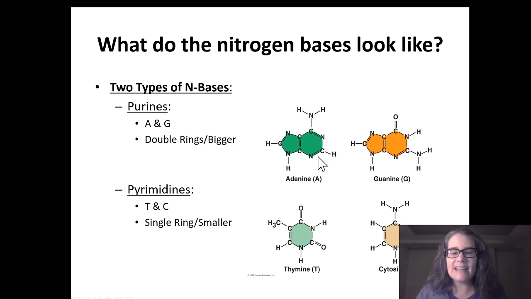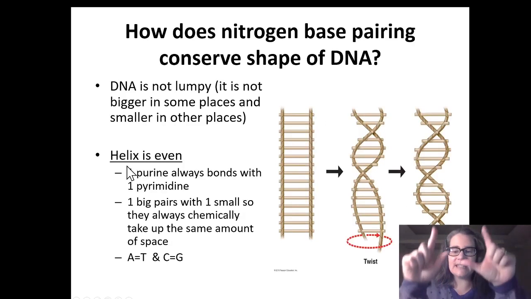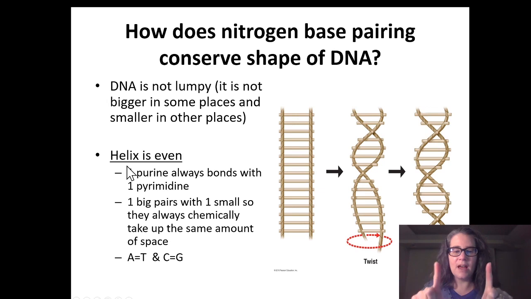But the interesting thing about this is it's always one purine with one pyrimidine. And the reason is because DNA is not a lumpy molecule. By putting one purine, a double ring, with one pyrimidine, a single ring, you have an equal chemical width along those rungs.